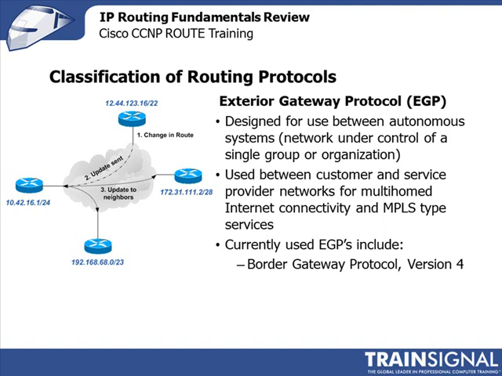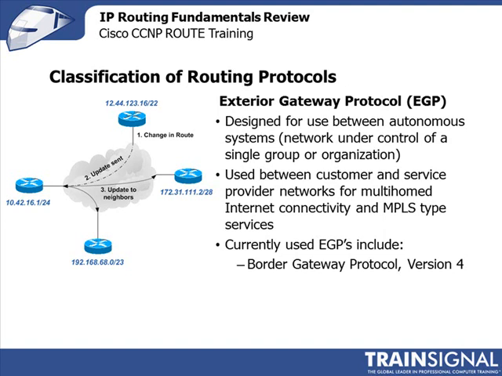Frequently, it's used between customers and service provider environments for multi-homed internet connectivity. Often, if you have multiple internet connections to different providers, you have to use an EGP. And it's also true with MPLS type services. I worked for AT&T for 5.5 years, and we had a number of MPLS based services, and they all involved the use of an EGP.